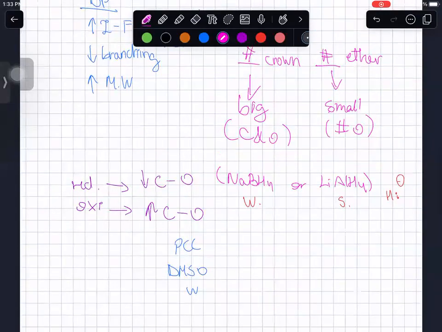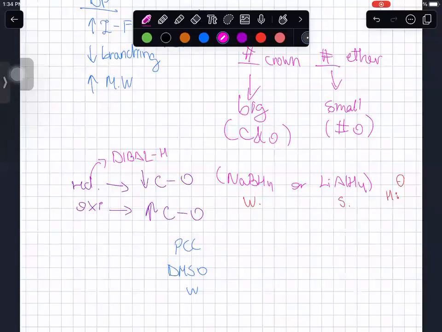So technically we can write DIBAL over here. What was another kind of reduction that we could do? We can use DIBAL, we can use NaBH4, the lithium reagent. Some of you called it the Grignard reaction.